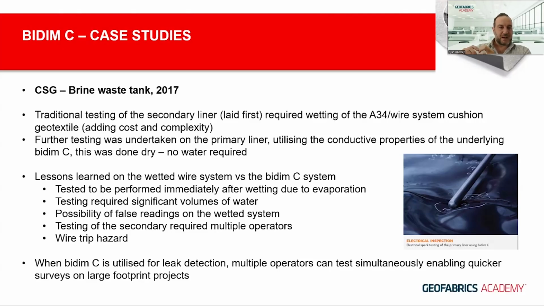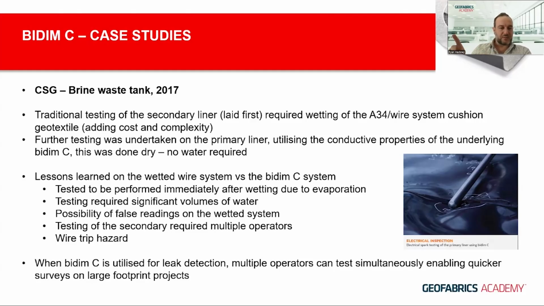So with the traditional methodology, testing had to be performed after wetting because of evaporation in this particular location. There were significant volumes of water required. There was possibility of false readings due to the water used in the wetted system, and it required multiple operators in that older methodology, and copper wires present a bit of a trip hazard as well.